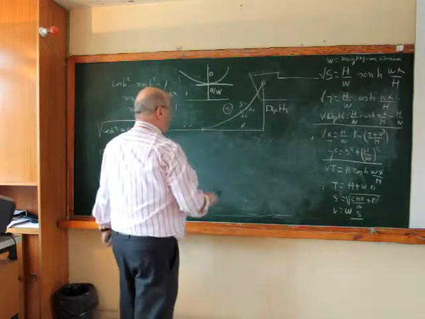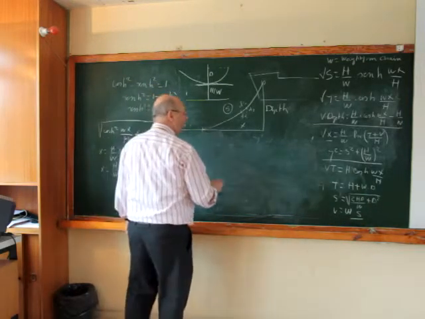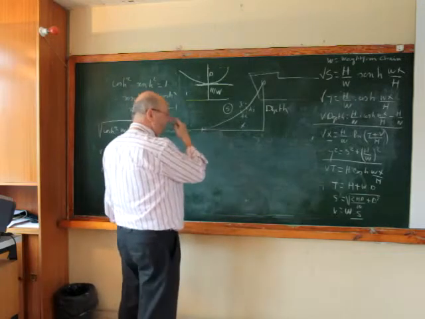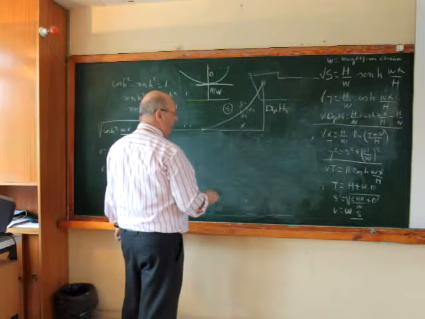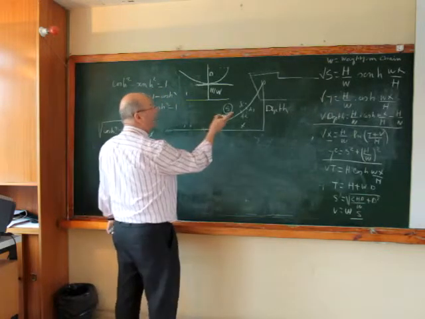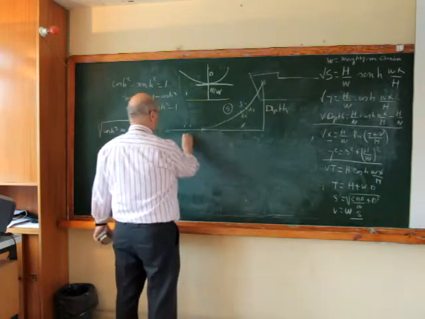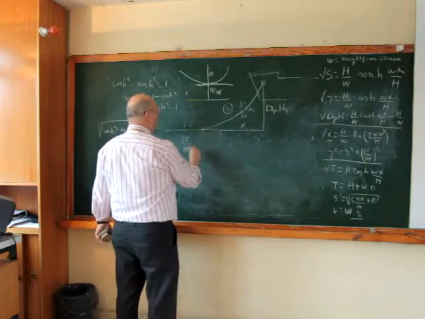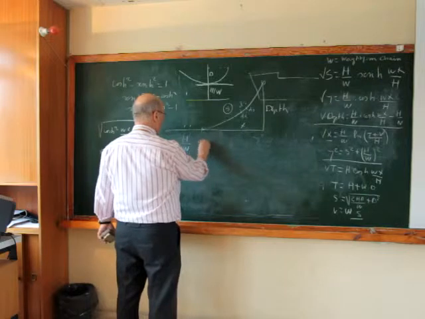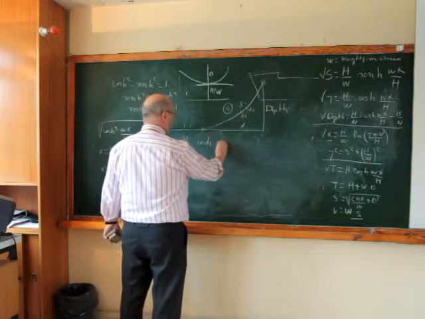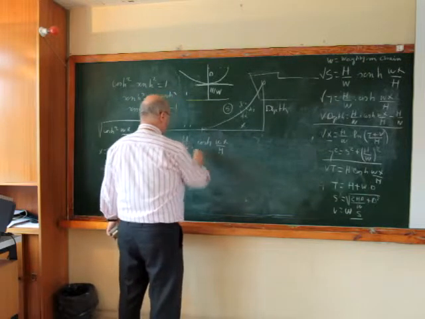Again, we say that y squared equals s squared plus h divided by w, squared. So y over there is h divided by w times the hyperbolic cosine of wx divided by h.